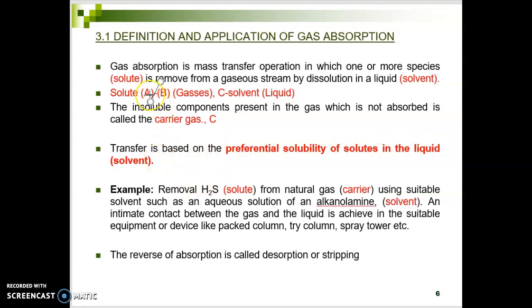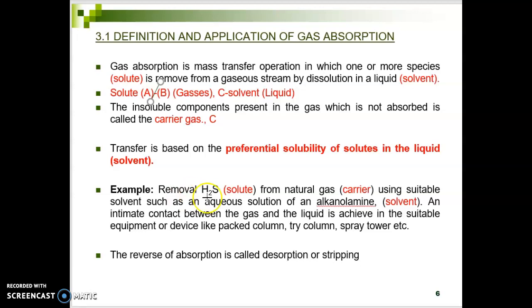That means your A is soluble in C, but your B is not soluble in C. That's how the separation can occur. So at the end, your C will be with your A.